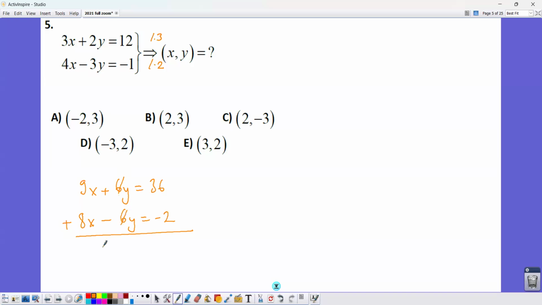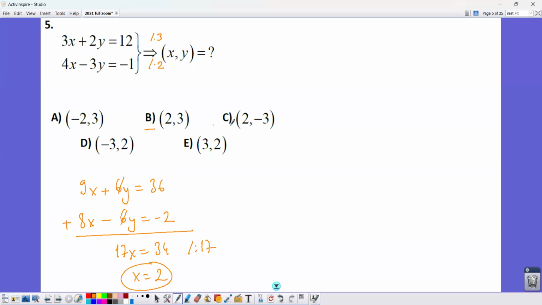Their sum will become 0, so we are cancelling them. 9x plus 8x is 17x, equal to 36 minus 2, it is 34. So we are dividing by 17. So x is equal to 34 divided by 17, it's 2. So you found that x is 2.